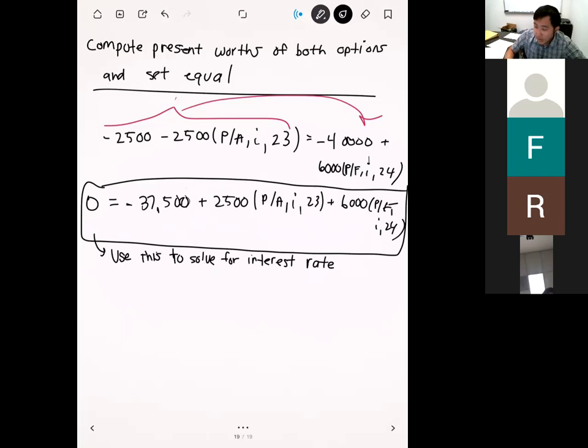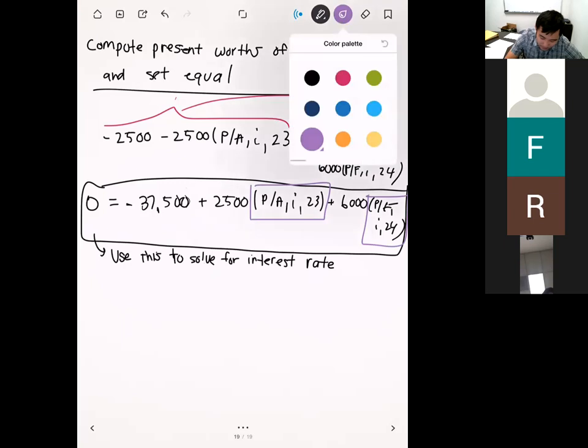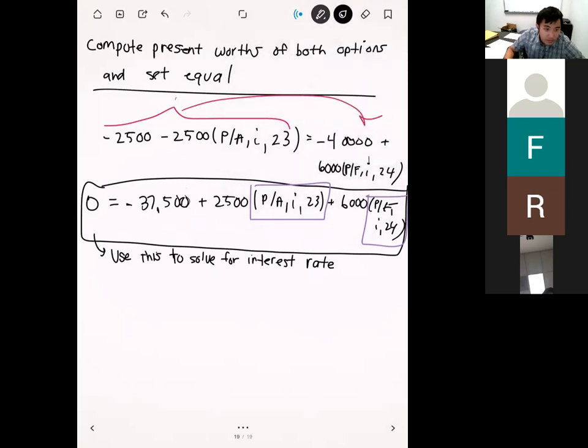Since we have two conversion factors here, this P over A and this P over F, we're just going to have to start plugging in values for certain interest rates and hope for the best. All right, so let's start with i equal to 3%.